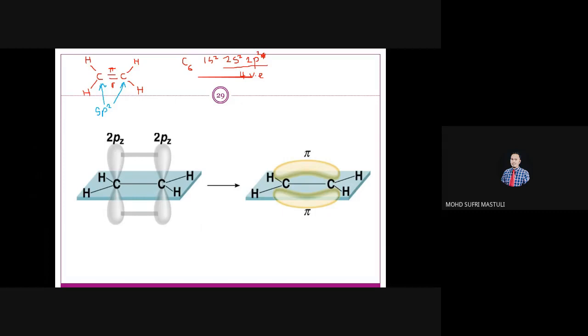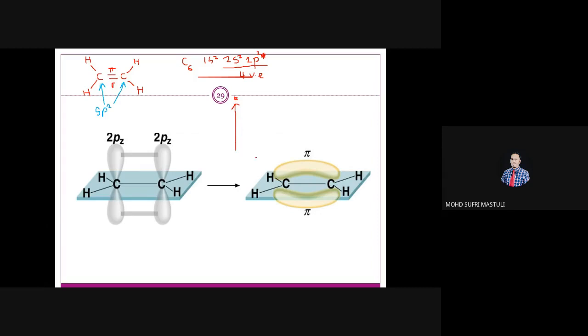So if you want to draw the energy diagram of carbon, we must have the energy axis, E for energy.